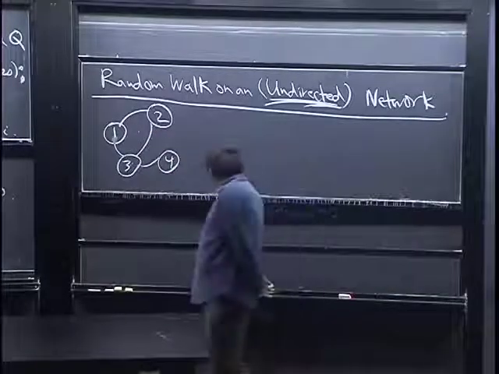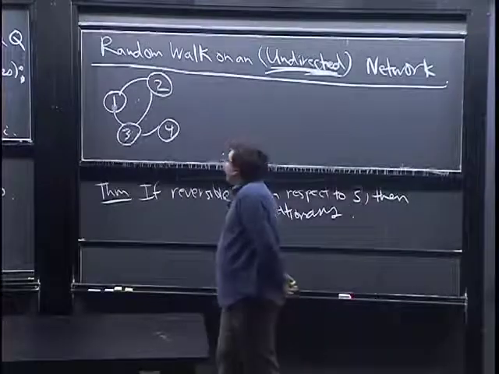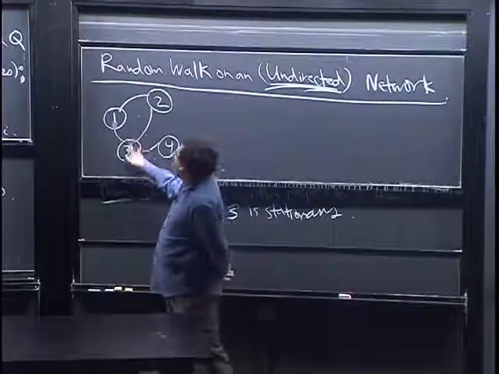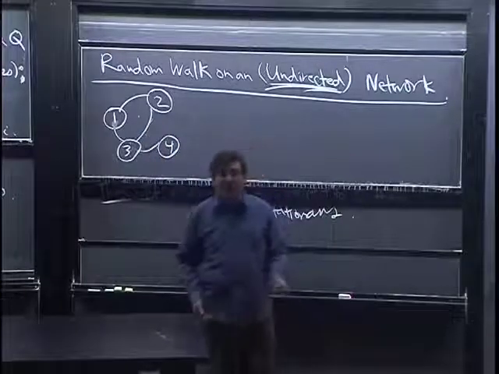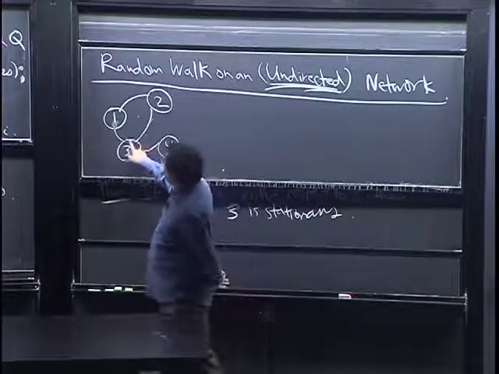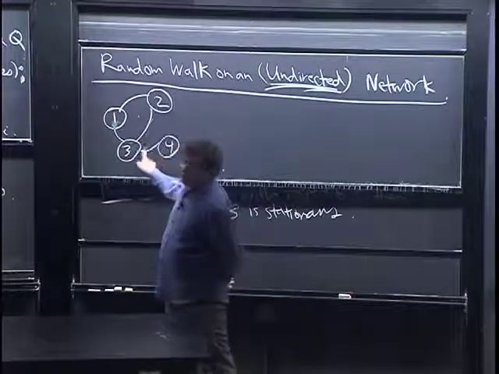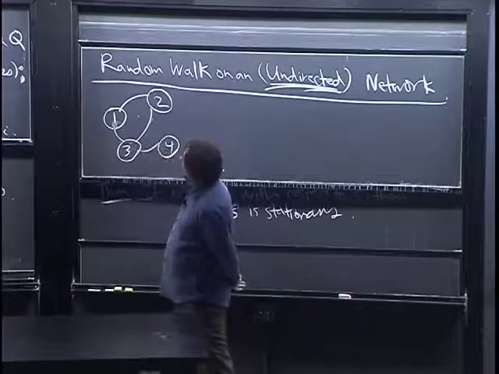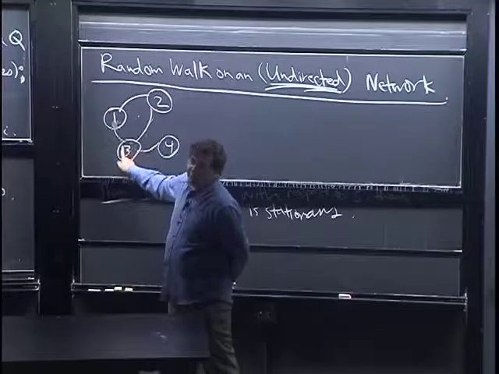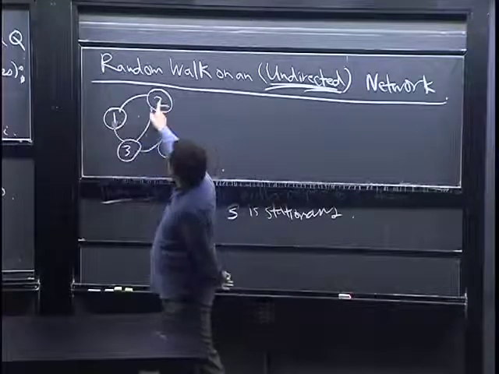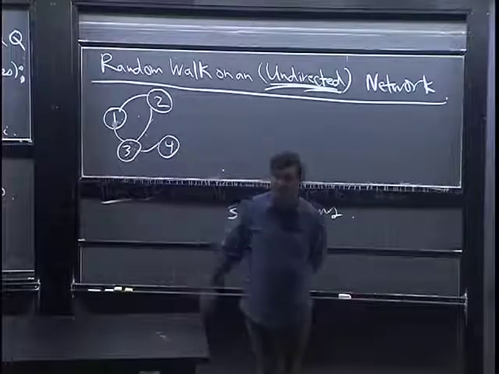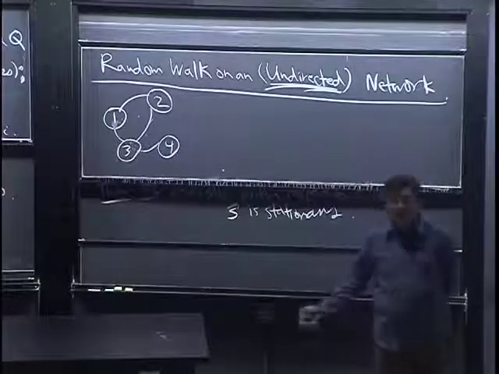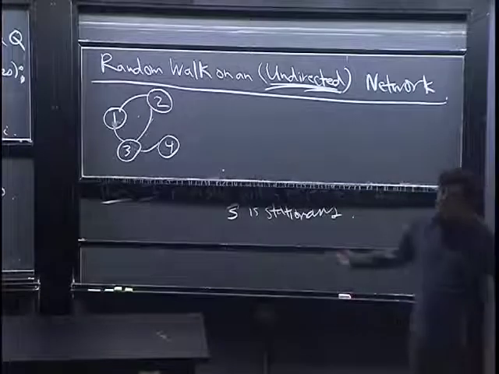For example, from state 3, the 3 outgoing edges are the same as the incoming edges because it's not directed. From state 3, you can go here, here, or here, with probability 1/3 each. From state 4, you have to go back to state 3. From state 1, you can go to 2 or 3, and so on. You're just randomly wandering around. That's why it's called a random walk on this network. Okay, so that's a Markov chain.